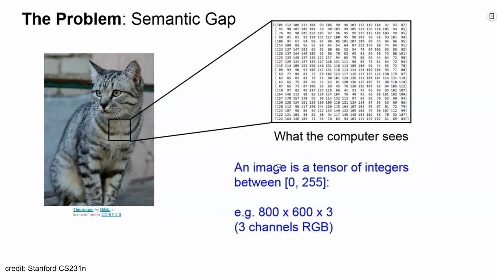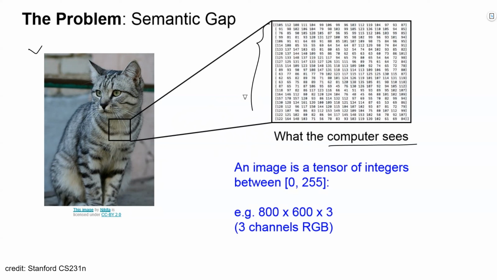When we see this picture, we can tell right away that there is a cat. However, computers see this array of numbers, and it's quite hard to extract semantics from this array of numbers.